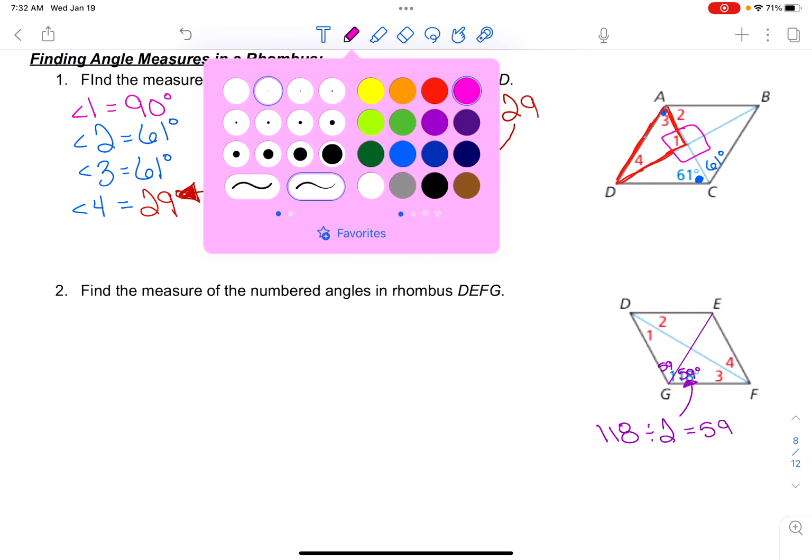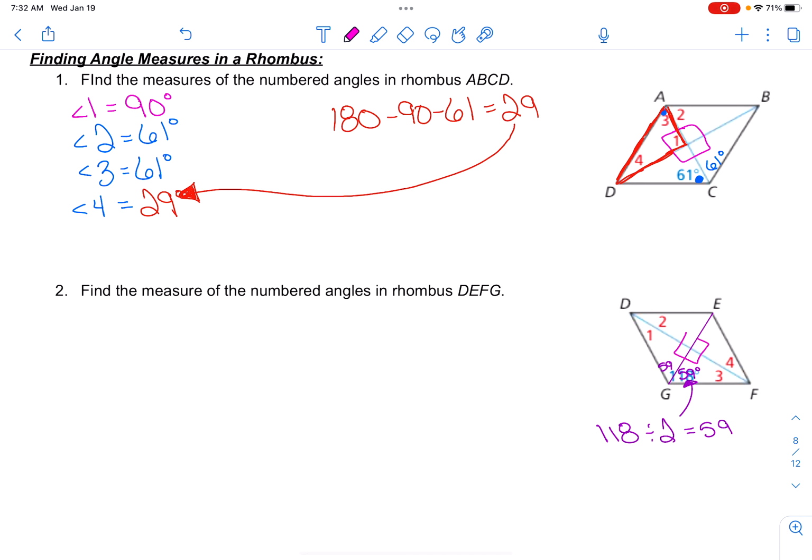And then again, remember that we know that all of these angles here are 90 degrees because those diagonals are perpendicular. So then in order to find the measure of any of these angles, we have our triangle. So we do 180 minus 90 minus 59, which gives us 31.